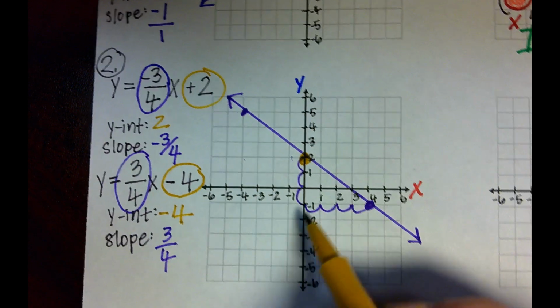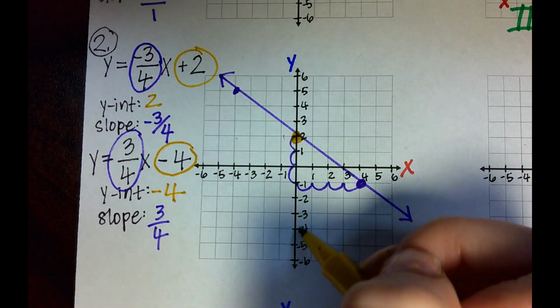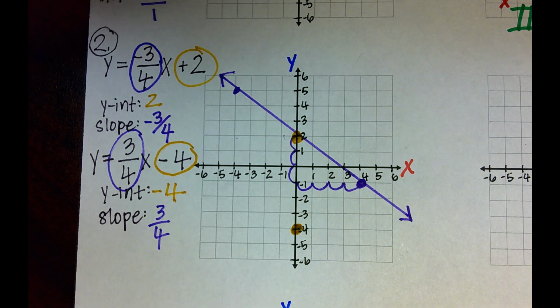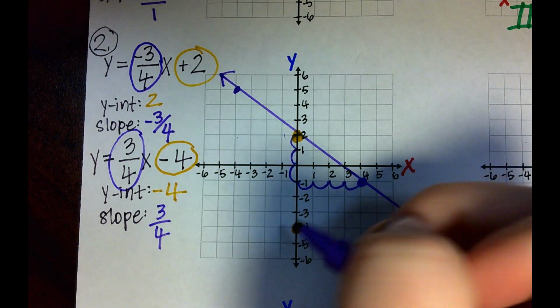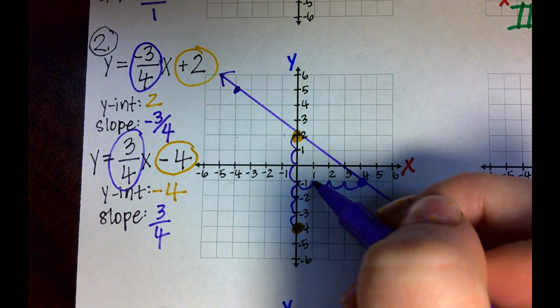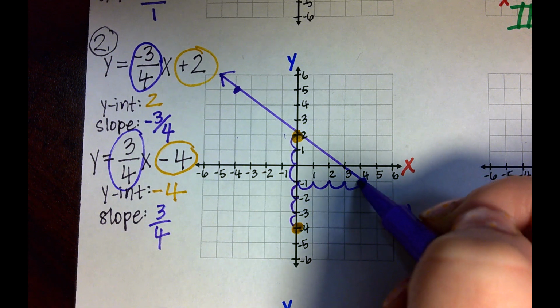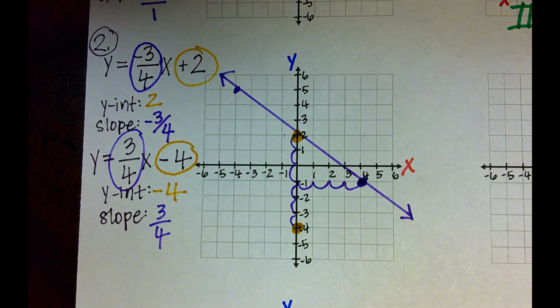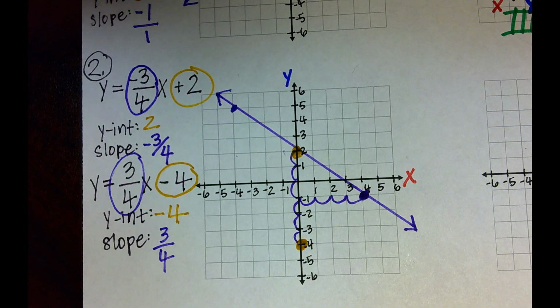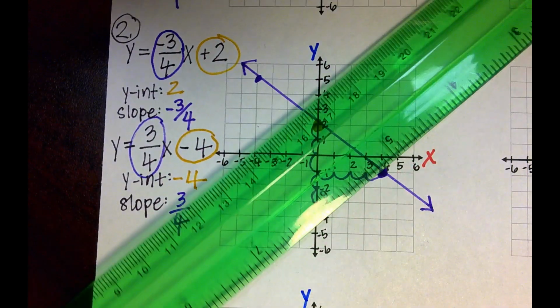So I'm going to start at negative 4 on the y-axis. And I'm going to go up 1, 2, 3, over 1, 2, 3, 4. Oh my gosh, it's crossing right through a point we already made again. It's always nice when it does that. Then you don't have to guess. So we just connect the dots.